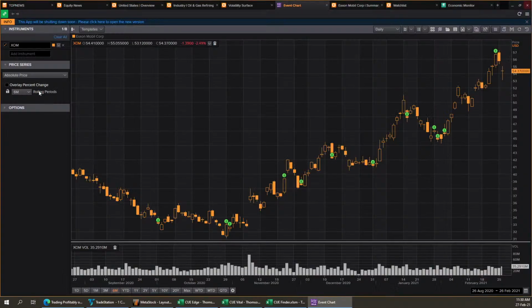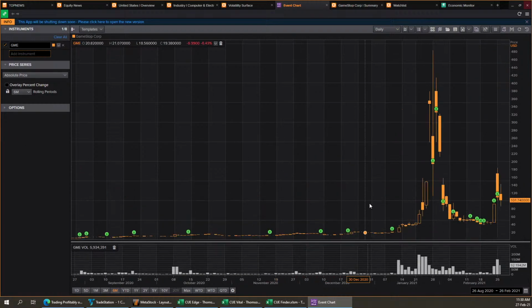And interestingly, even if you looked at GameStop, that was the first stock that started the manic aggressive up move in some of the heavily shorted stocks here.